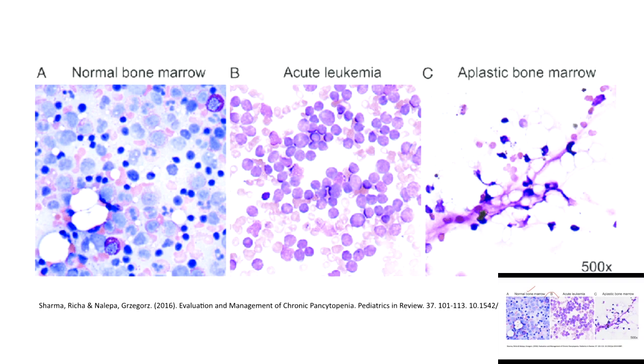And in B, what we see is there seems to be more of one particular kind of cell that is trying to replace the entire marrow. And this is a good example of what happens with acute leukemias.